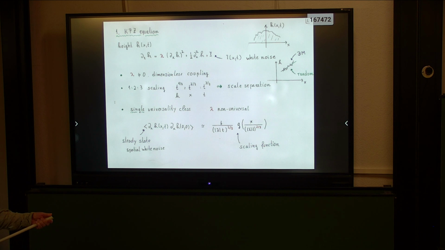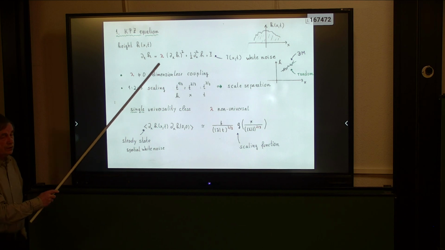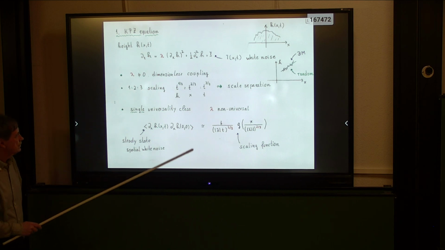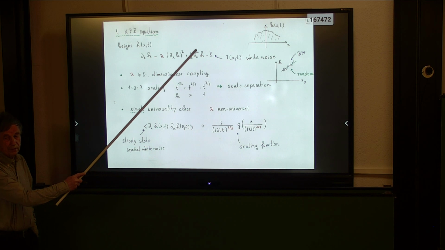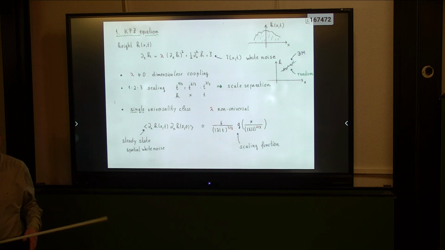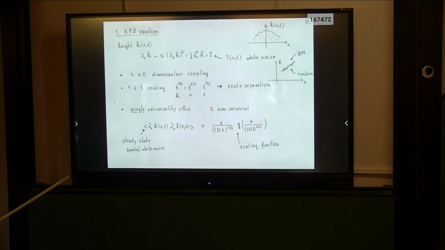It's a double average: first, an average with respect to the initial conditions, which is spatial white noise, and then of course the average over the noise. It's the usual two-point function which you would compute in other field theories. It's stationary. Of course, you could also look at other situations, but for the whole talk I will be looking at the stationary situation, in space stationary and in time stationary.